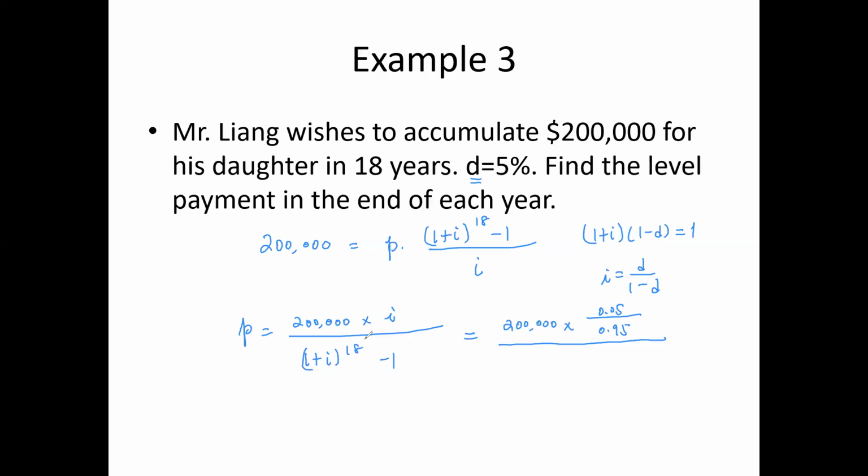Here, for 1 plus i to the 18, I'm going to just do this directly. So 1 plus i to the 18 should be equal to 1 minus d to the negative 18. Basically you raise this equation to a power of 18. So I can do this with 0.05 directly, and then you have negative 18, and minus 1. This number is less than 1.